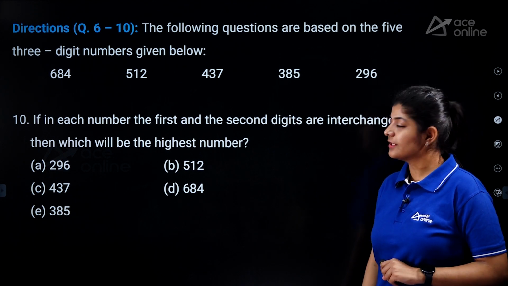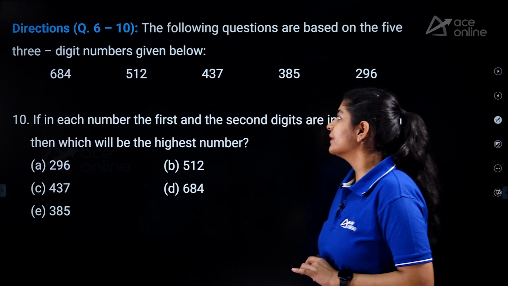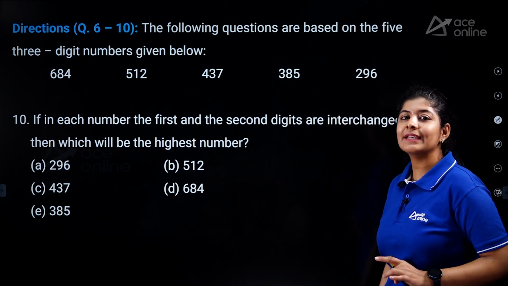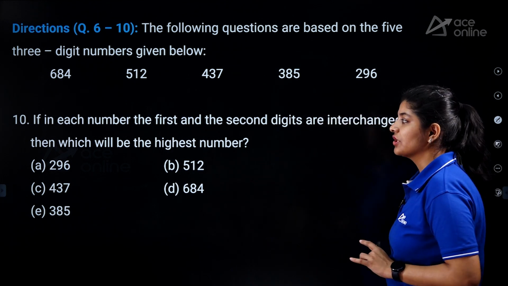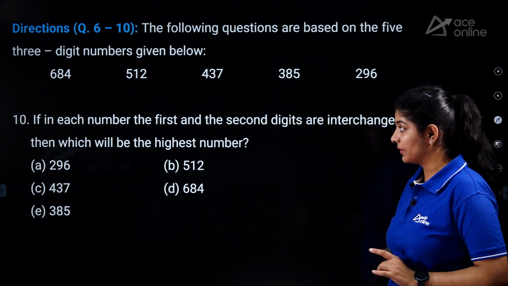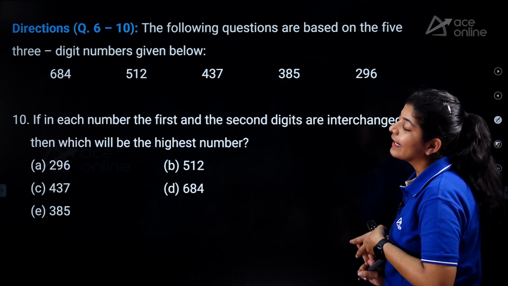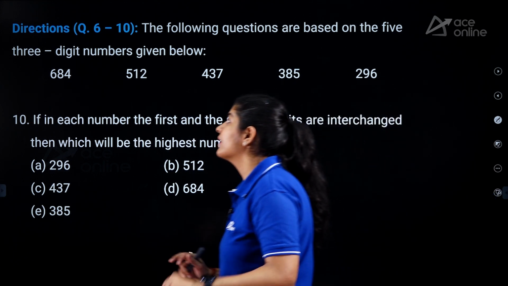The next question says that if in each number the first and the second digits are interchanged, then which will be the highest number? Now we simply need to change the first and the second digit of each and every number.